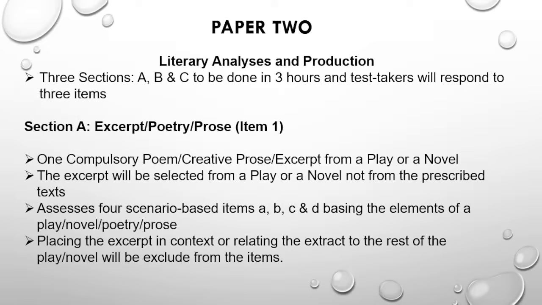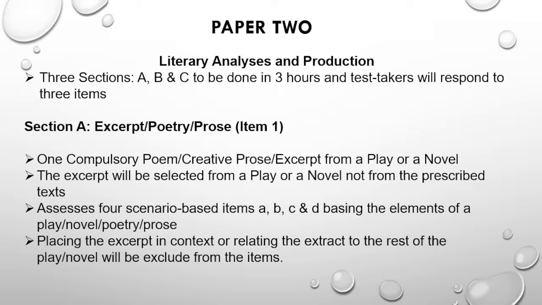Paper 2, we shall have literary analysis and production. And this paper, like paper 1, consists of 3 sections, A, B, and C. The paper will be done in 3 hours, and test takers will respond to 3 items.